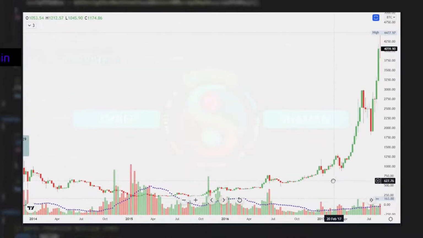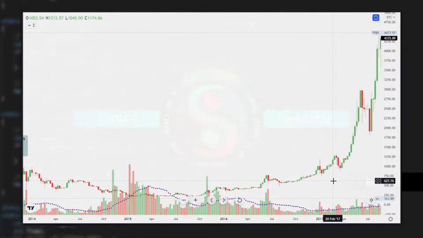So yes, another parabolic move. Very interesting.